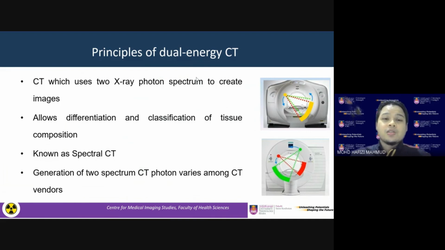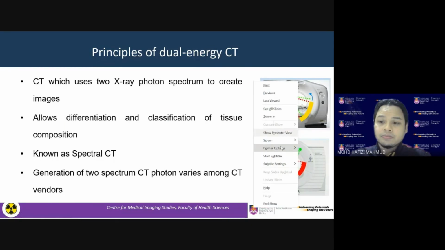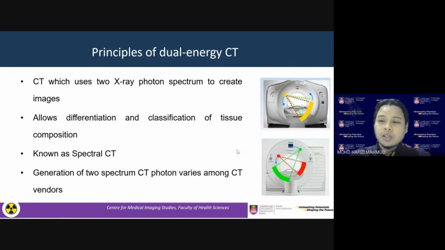So basically, the principle of dual energy CT. Routinely used in the clinical setting, we have a single source CT. Single source means we have one X-ray tube and also a detector. Then what is meant by dual energy CT?